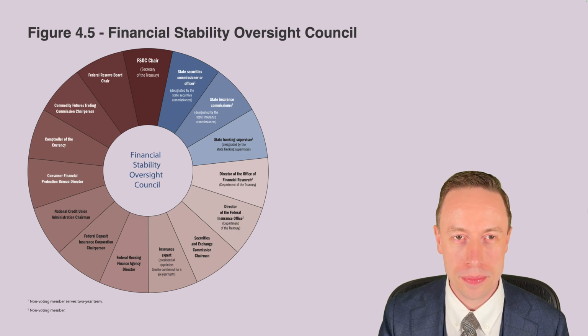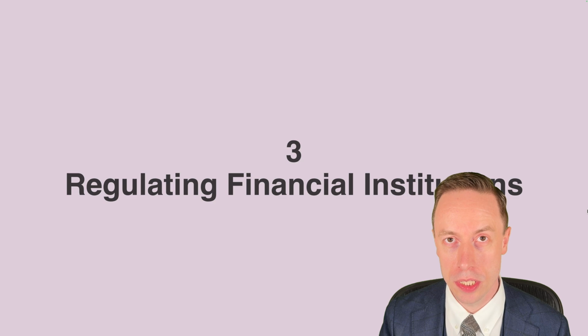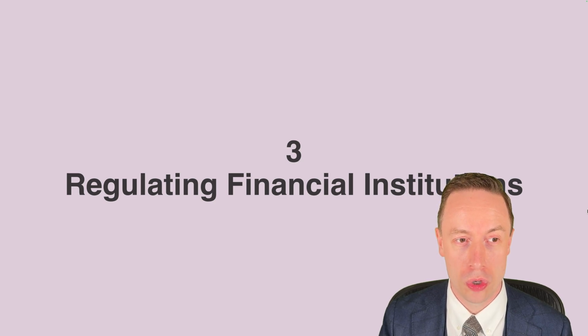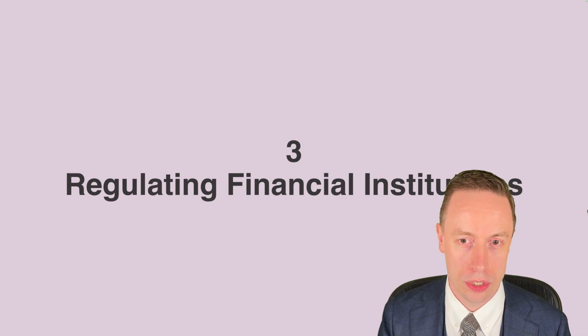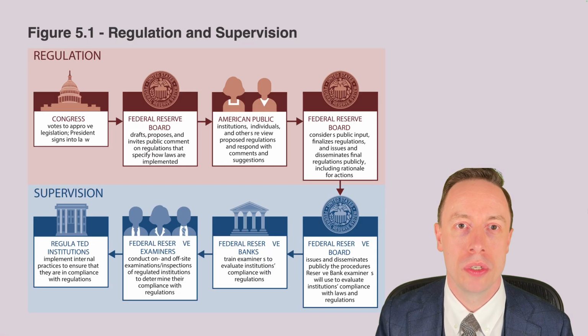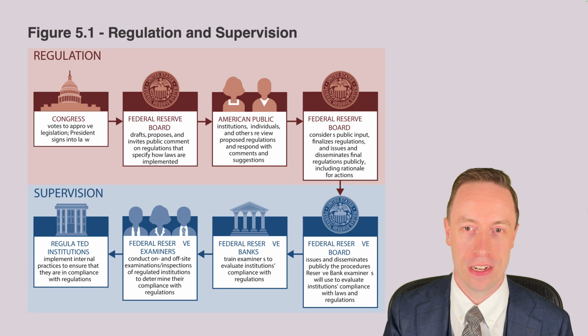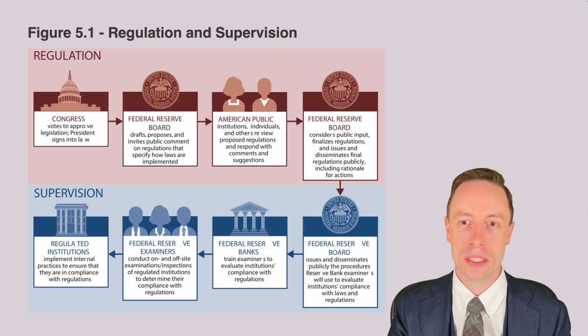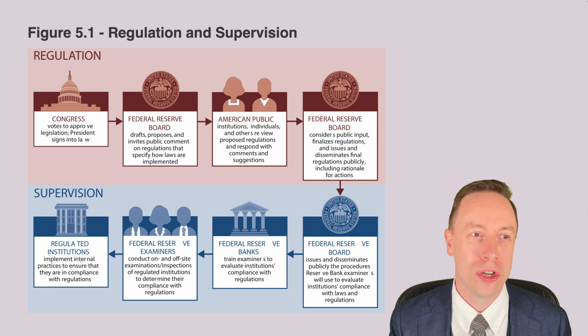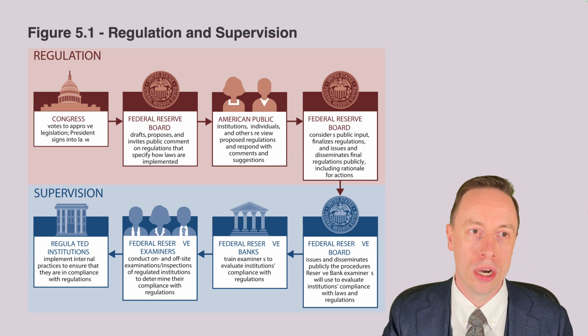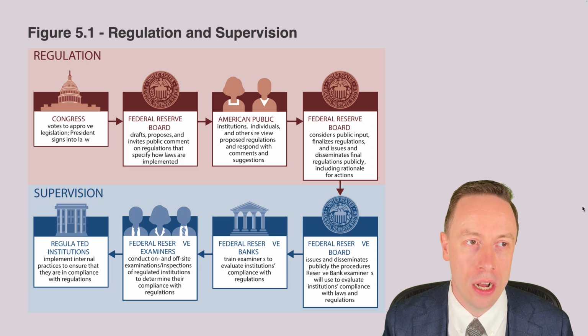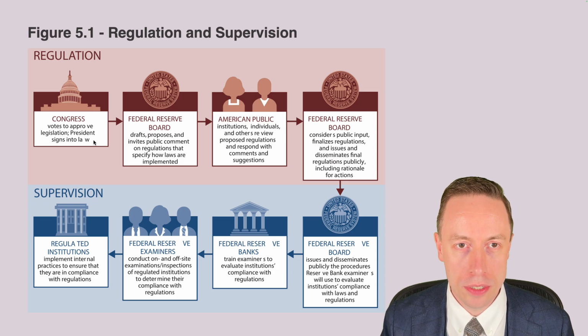And in addition to keeping an eye on the system, the Federal Reserve, of course, also regulates individual financial institutions. In general, when we say regulate here, it doesn't mean that the Federal Reserve just gets to decide what laws banks and such have to follow, right? It still follows the standard regulatory process where the laws themselves are made by Congress.